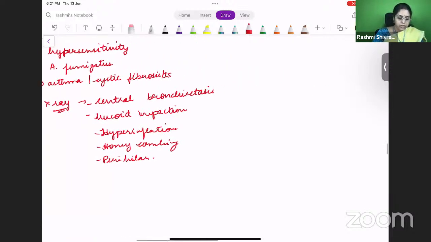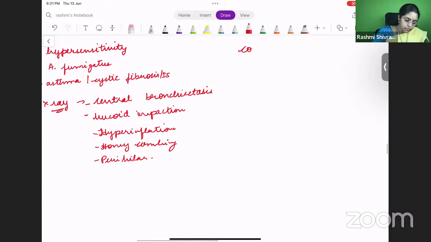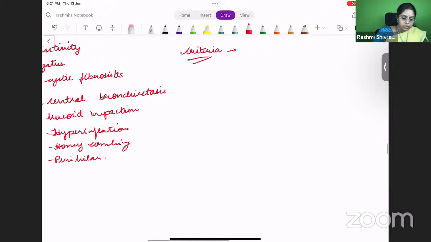When we talk about the criteria for this, the first thing is the patient should be having asthma or wheezing. The second is there should be a positive skin test. You do a skin test for the Aspergillus antigen and the patient should react to it, because this is basically a hypersensitivity reaction.